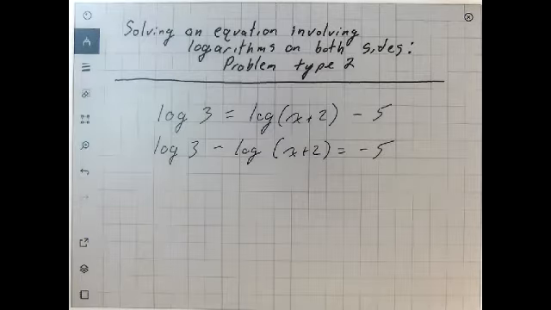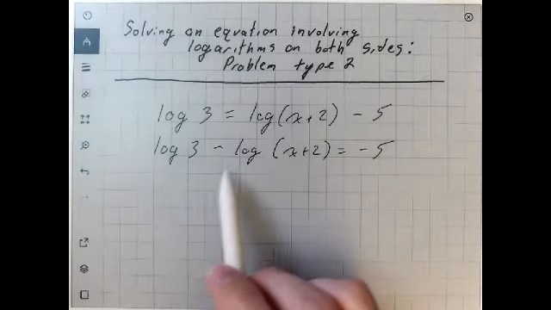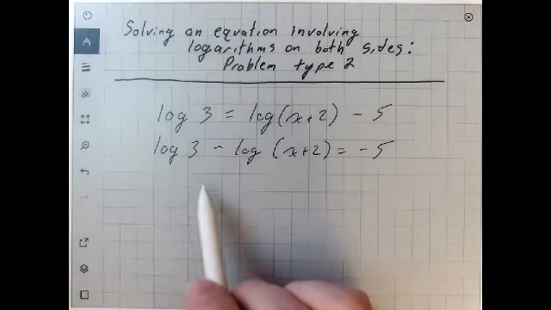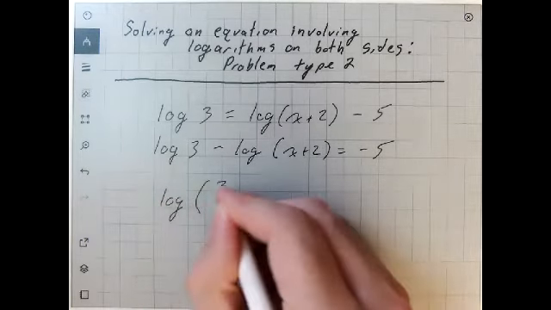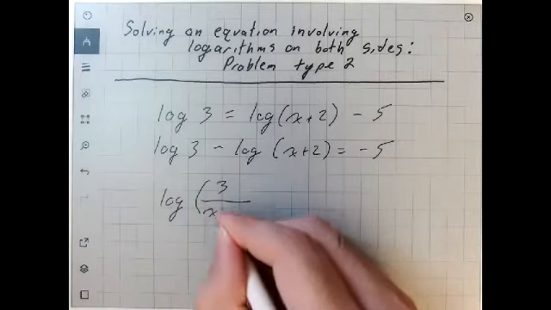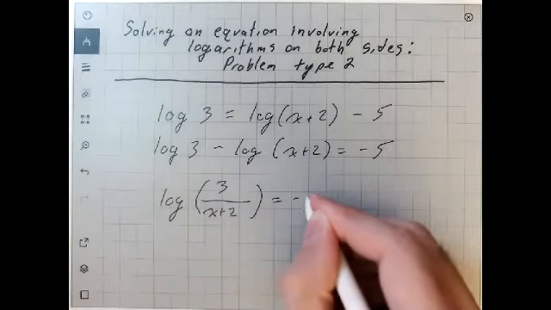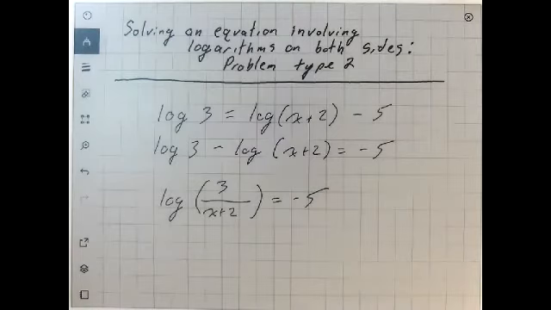Now from here, I can use the properties of logarithms to rewrite this as a single logarithm. The log of 3 over x plus 2 is equal to -5. And now we're back to the problems that we've solved before.